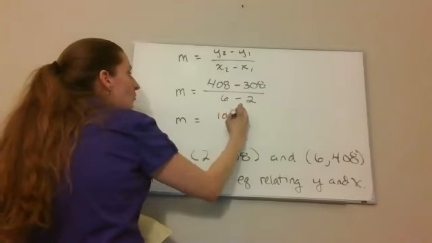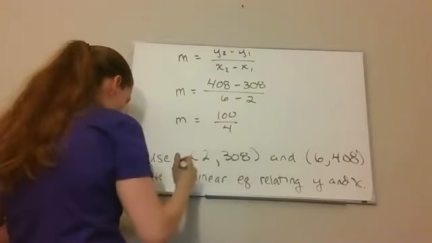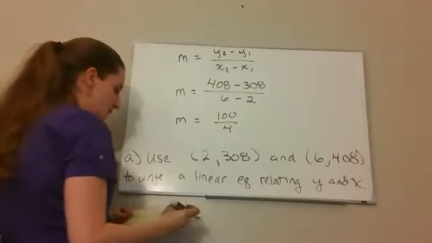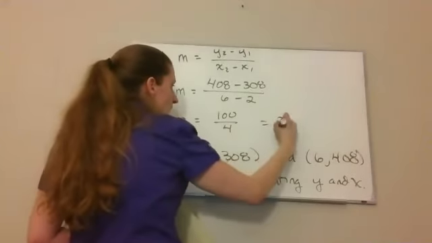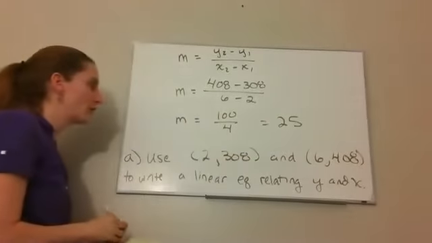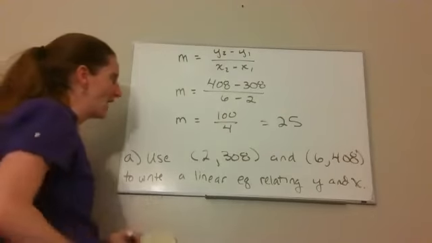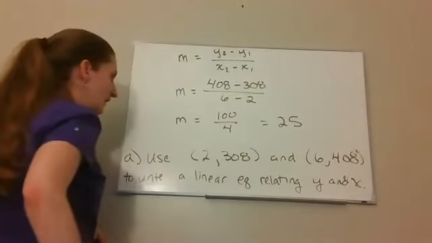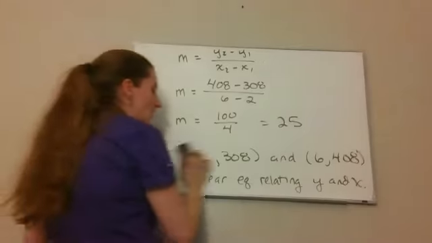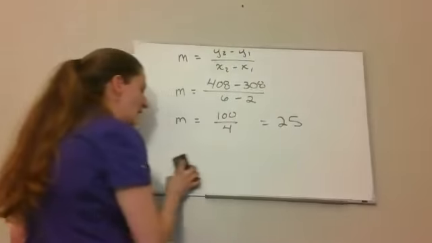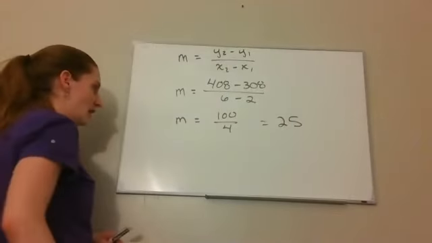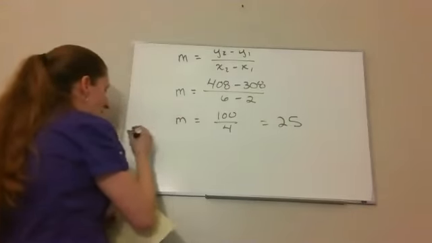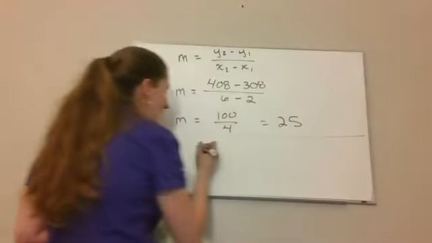Well, that is 100 over 4, which is 25. So I have a slope of 25, and now I still need to write the linear equation of y and x. We know we need a slope and a point.